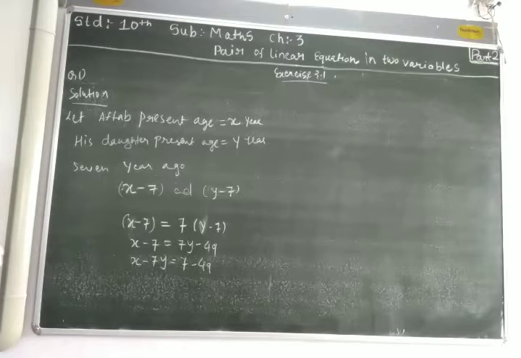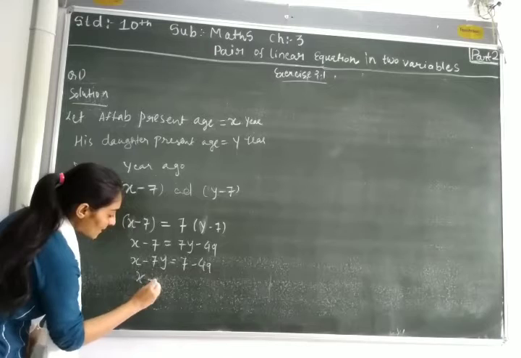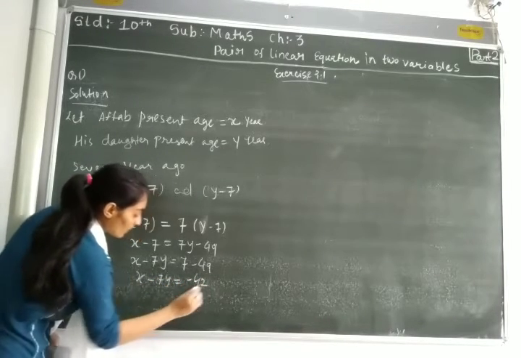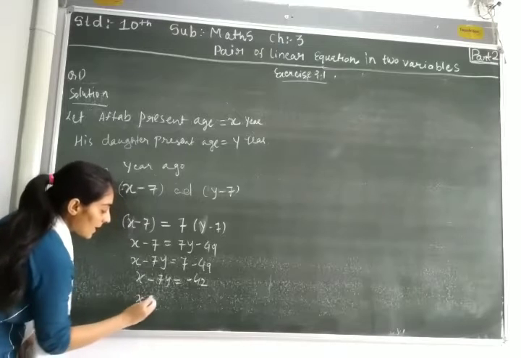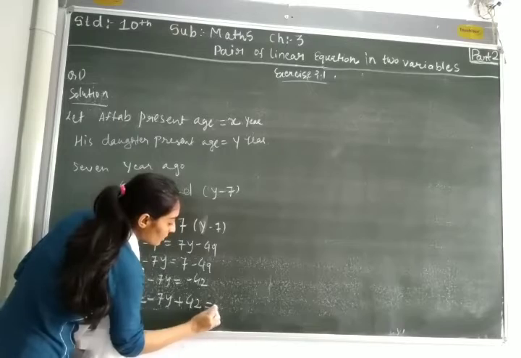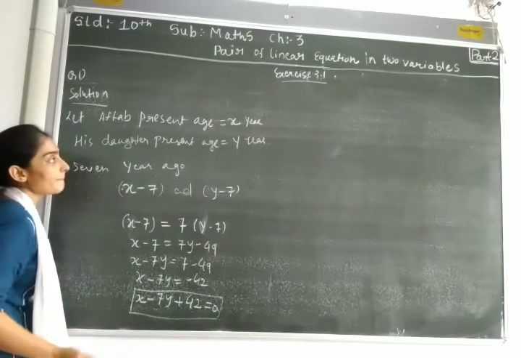So 7 minus 49, that is minus 42. So the equation form is x minus 7y plus 42 equals 0. So I found one equation.